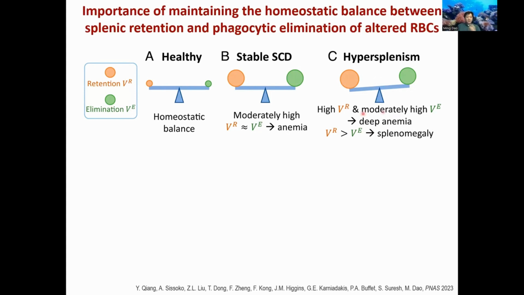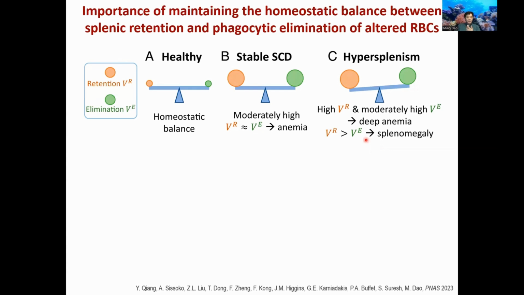In this case, the anemia will be more severe. Also, because you cannot keep up with elimination, there are always more red cells being accumulated in the spleen. Then it will cause spleen swelling. So this is what happens.